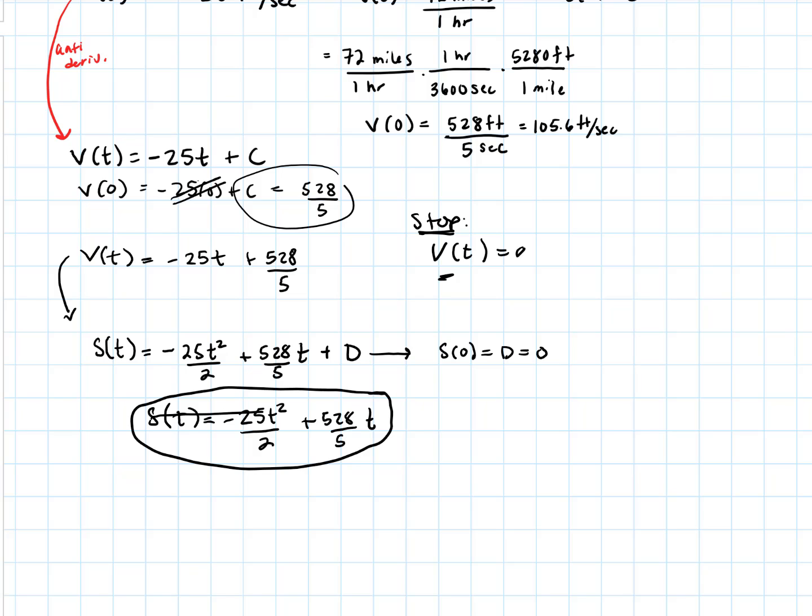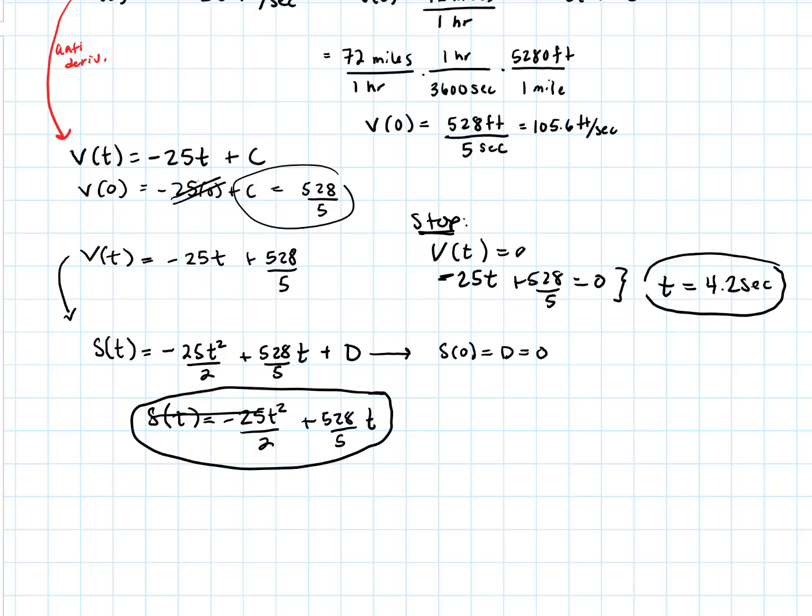We set negative 25t plus 528 over 5 equals 0. Because my screen is starting to freeze up on me, I'm going to make this really quick. I solved that ahead of time, and t is equal to 4.2 seconds. So it takes 4.2 seconds to come to a complete stop with that deceleration.